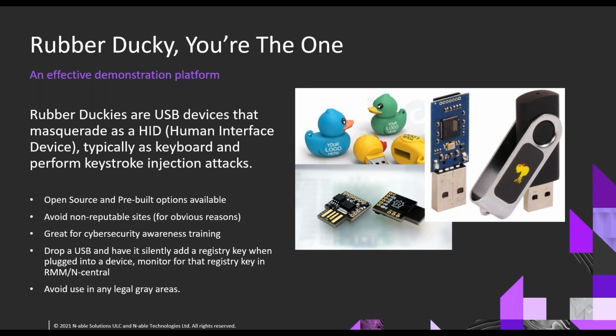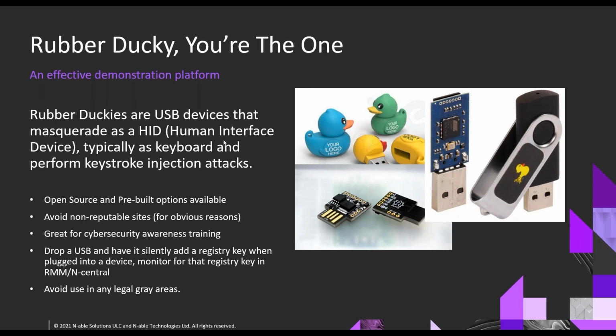So what would I do to prevent attacks like this from happening in my environment? You can't prevent an end user from picking it up and putting it in unless you're going to stick hot glue in all their USB ports. But that's not tenable, that's not feasible.